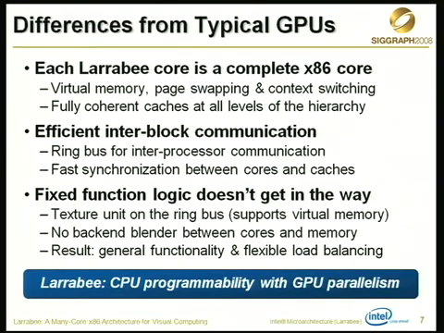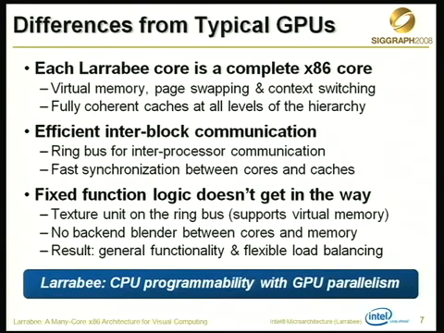There's a lot of things that are done in dedicated logic in a standard GPU that we don't have in Larrabee. No back-end blend logic, no interpolation logic, no rasterizer logic. All that's done in software. And when a core talks to the texture unit, it does it via writes to memory, which is to say, writes to the L2 cache, and the texture unit similarly communicates with the core.